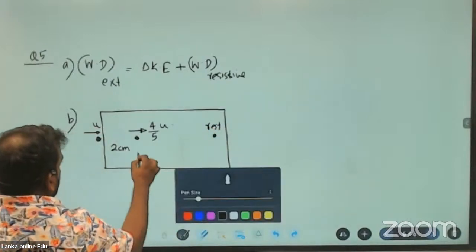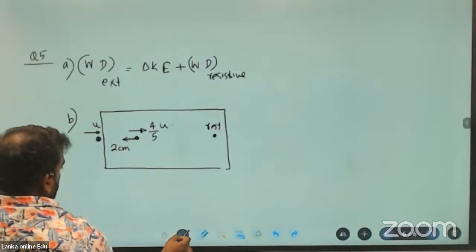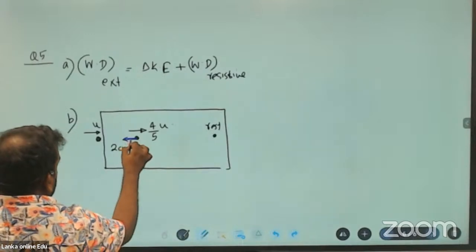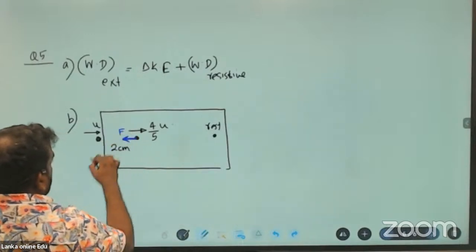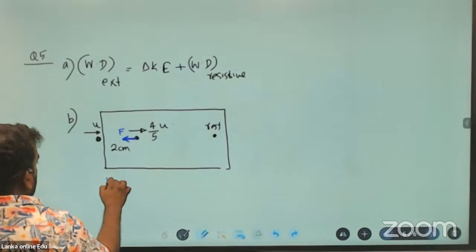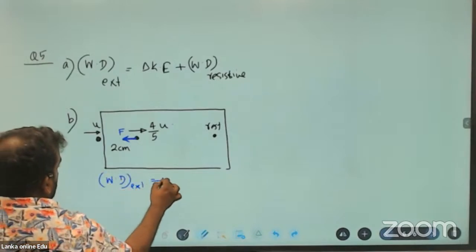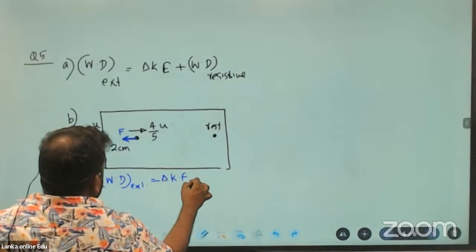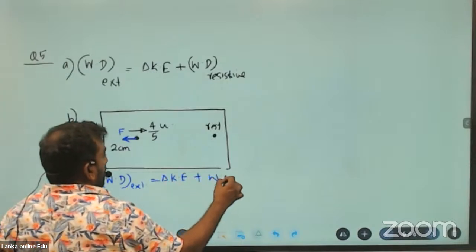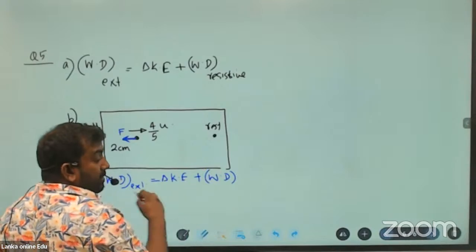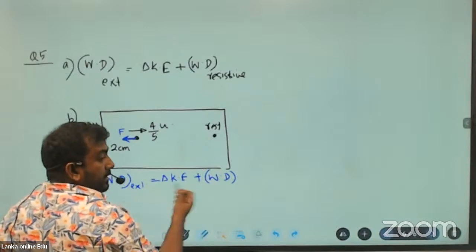What's happening here is only resistive force is acting. So work done by external force: no external force. Work done by external force equals increase in kinetic energy plus work done by resistive forces. You write in words in the exam.